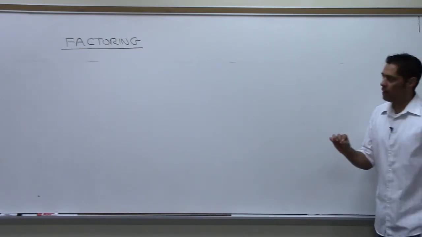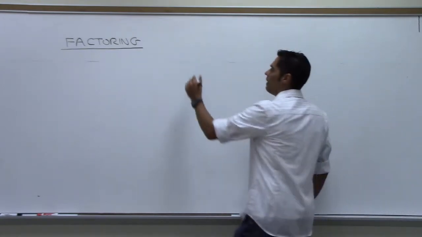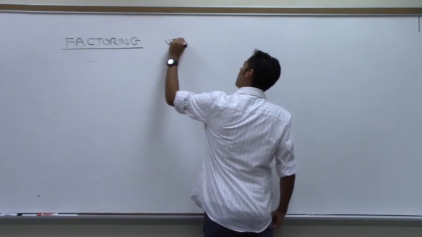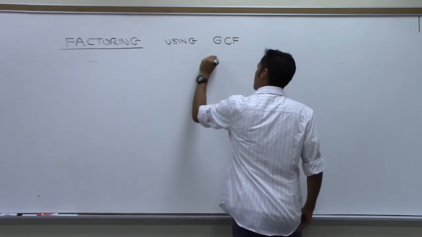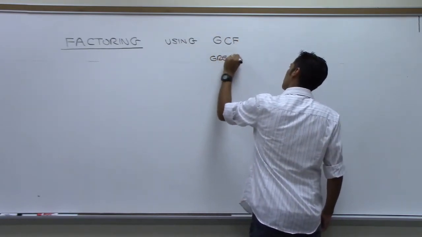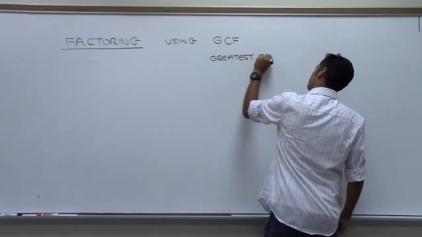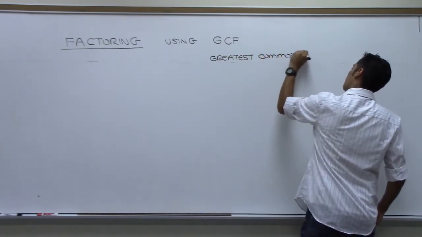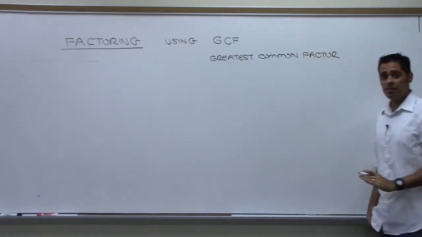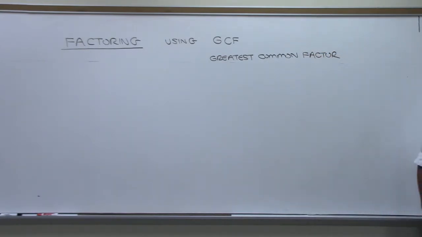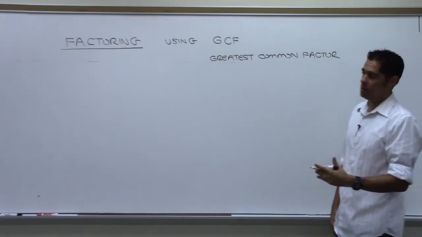The only thing I want to reference right now is what's called factoring using GCF, which stands for greatest common factor. And this method of factoring is by far the easiest, and it's the one we always try first.